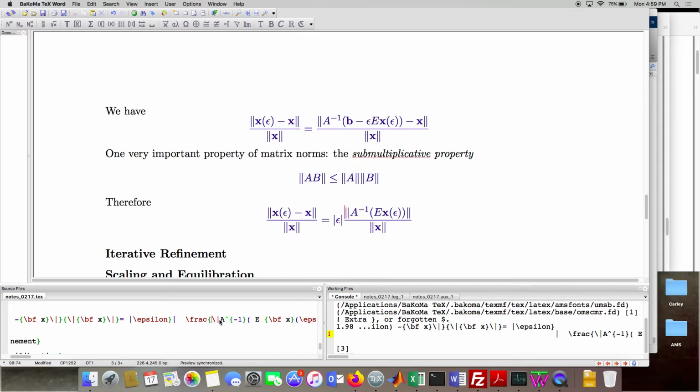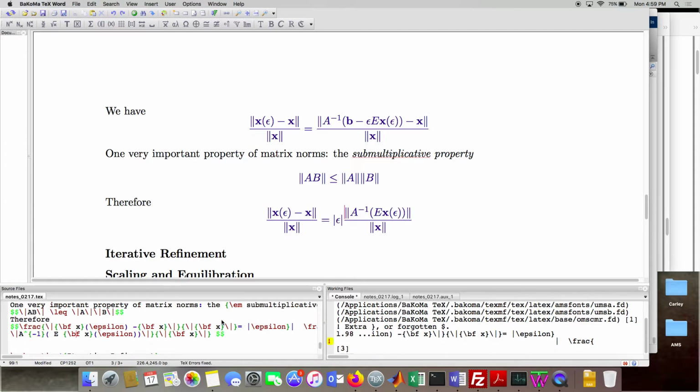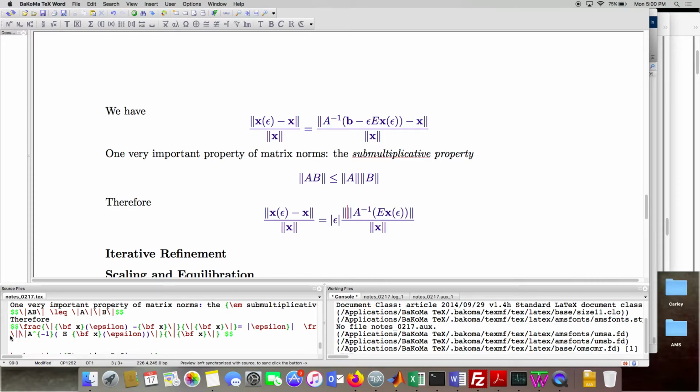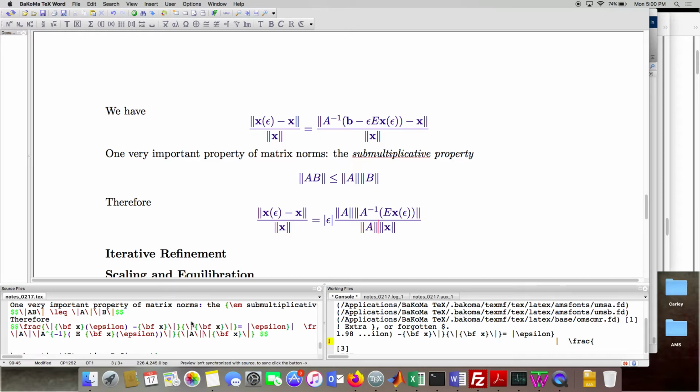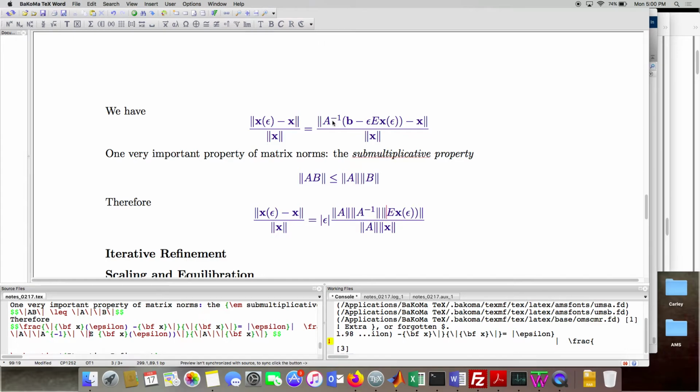And then what I'm going to do is multiply and divide by the norm of A. And then, using the submultiplicative property, I've now pulled the norm of A inverse out, and I can do that as long as I have a less than or equal to here.